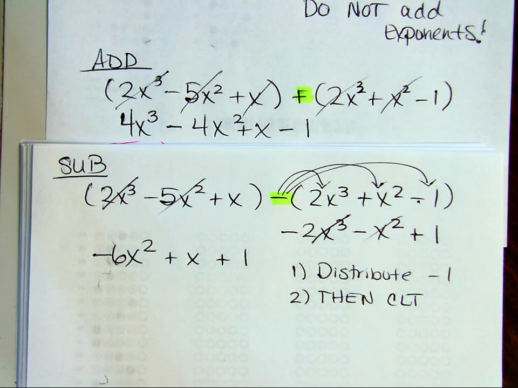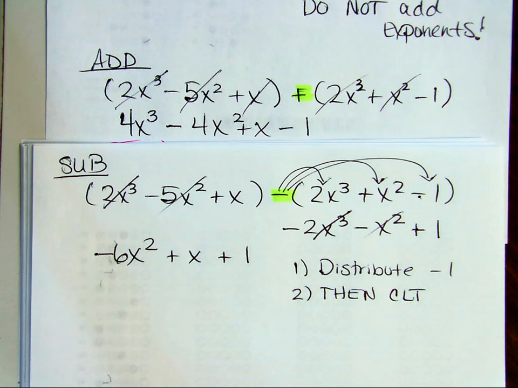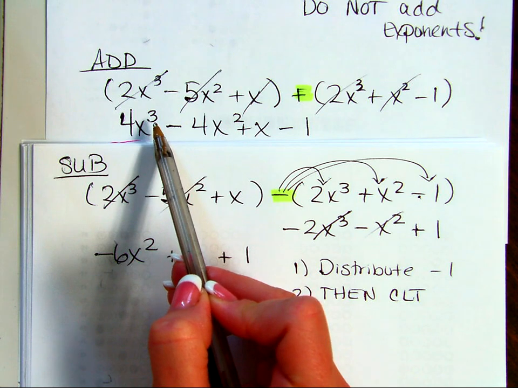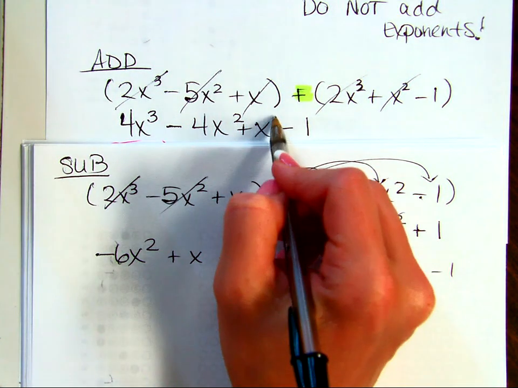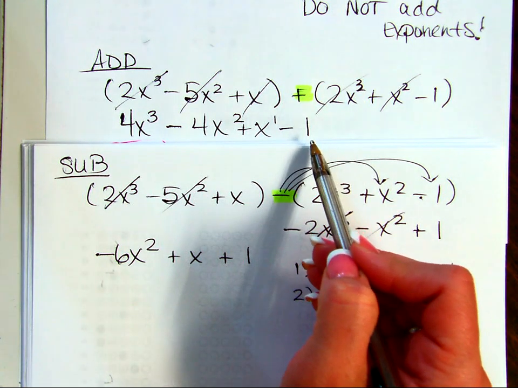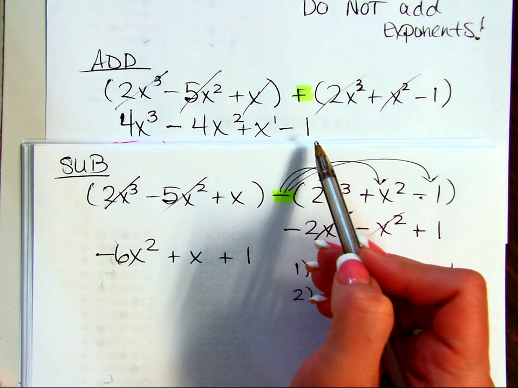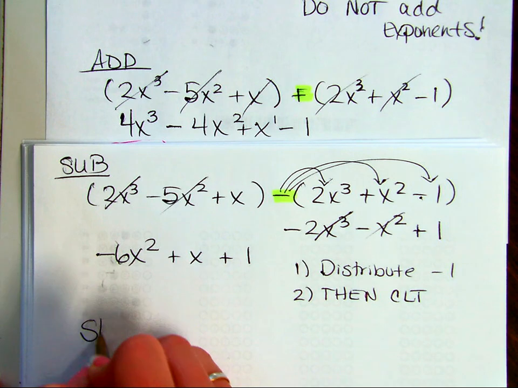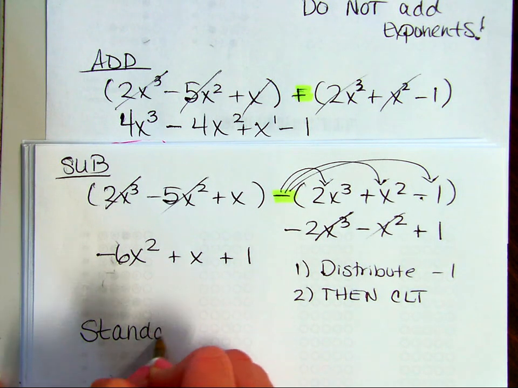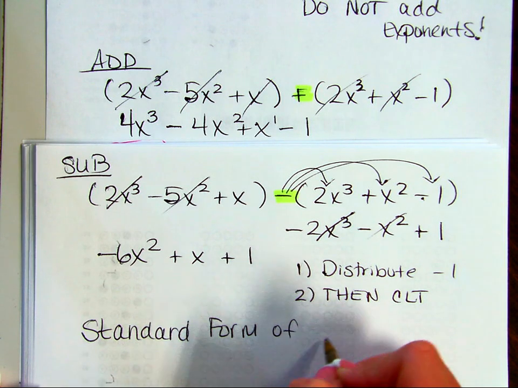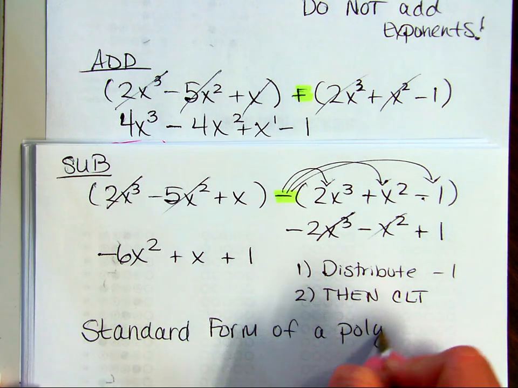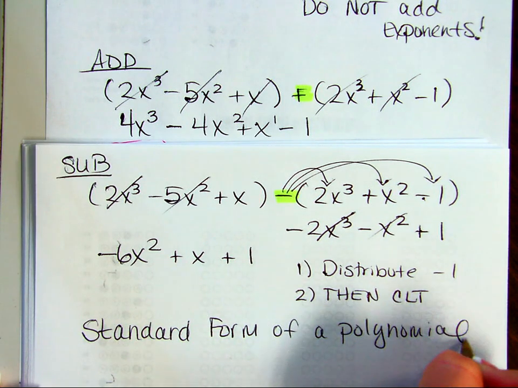Got it? Now, I want you to notice the way that I put my answer. It had the highest exponent first, then the next one, then the next one, and all the way down to the term that didn't have any exponents, okay? So that's something that we're going to call standard form. So the standard form of a polynomial is how you should put all your answers.